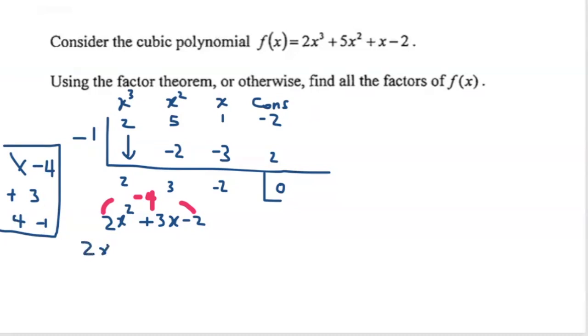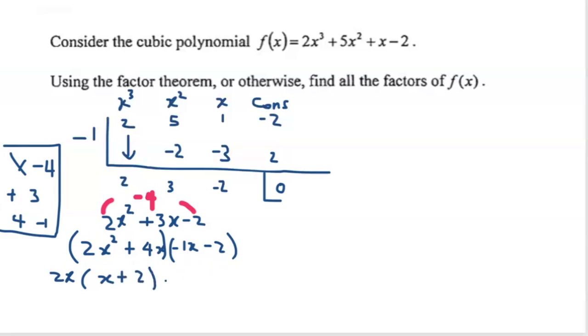So we have 2x squared plus 4x minus 1x minus 2, and then we group. What can we factor out? We can factor out 2x. If I factor out 2x, I'm left with x, and then 2.